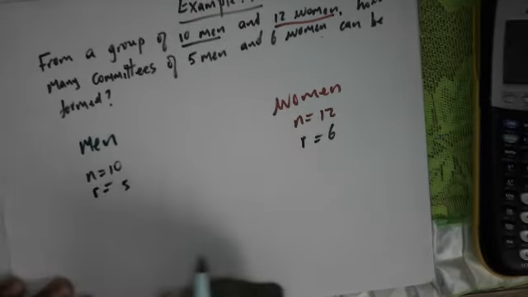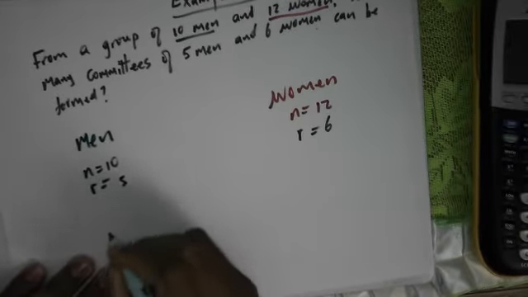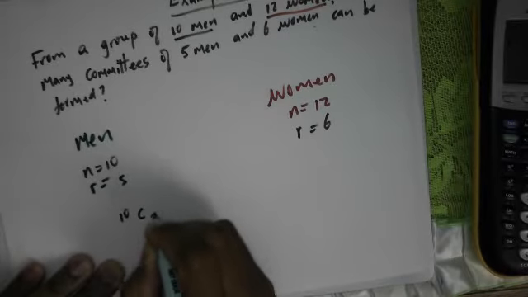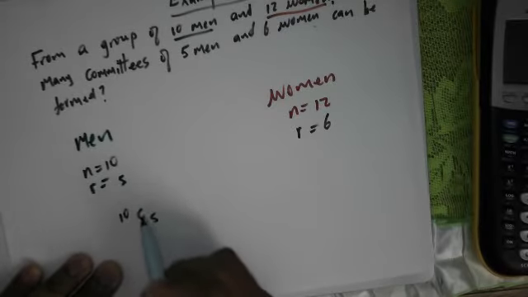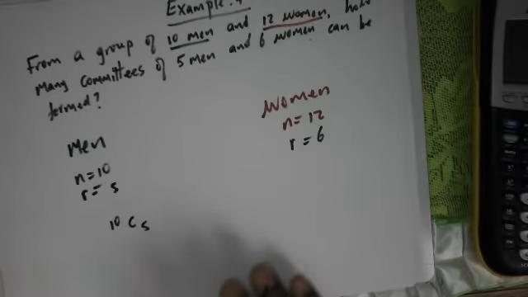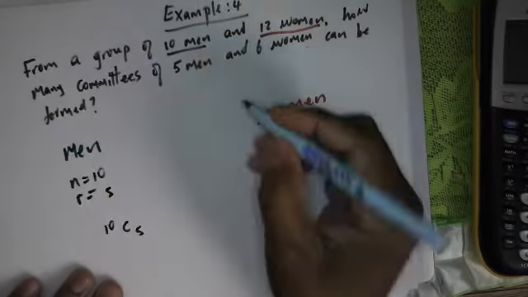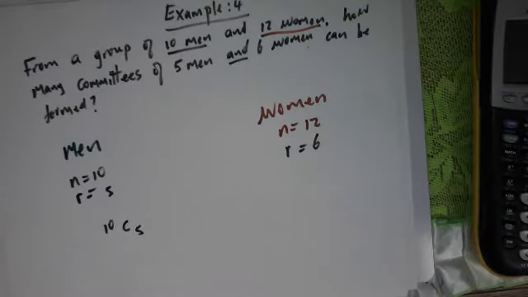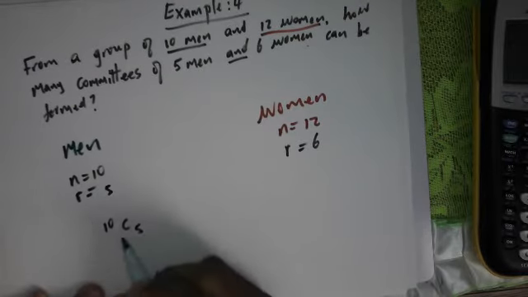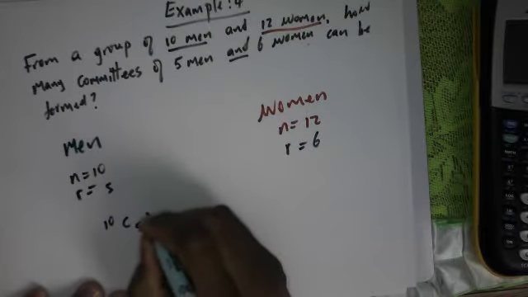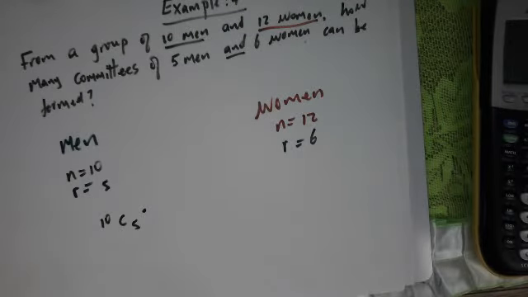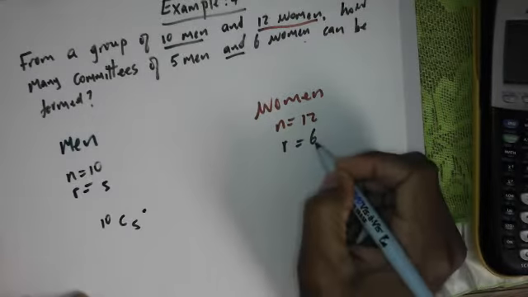So for this combination, it would be 10C5 because it is nCr. But remember from your statistics class that the word AND means multiply. So it is 10C5 times the women's combination, which is 12C6.